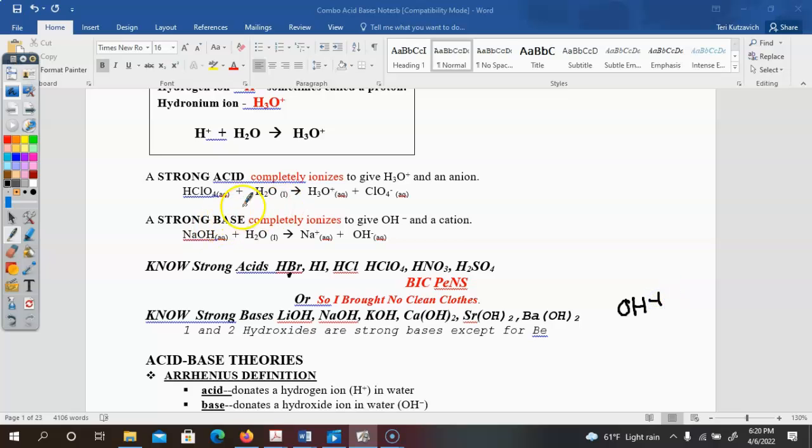All right, strong acids completely ionize to give the hydronium ion and an anion. So if you have perchloric acid, it ionizes to give you H3O+ and ClO4-. You can also see this another way.